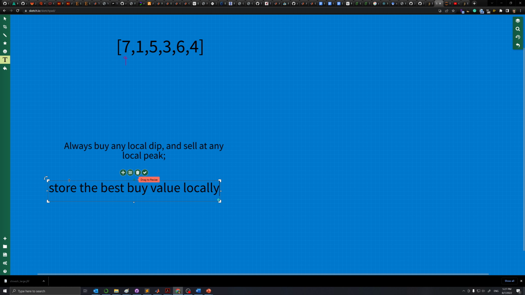Store the best buy value locally as long as price keeps dropping. Update the best buy value locally as long as price keeps dropping, and update the best sell value locally as long as price keeps increasing, right?